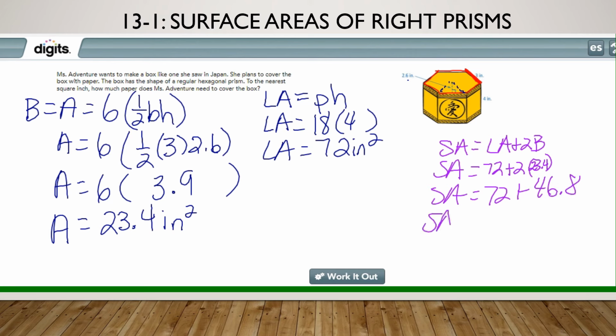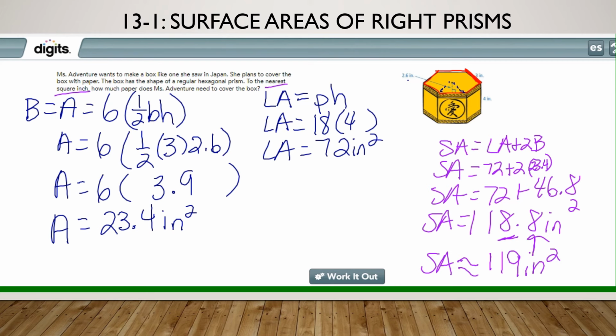And then you're going to go ahead and add 72 to that, which will be 118 and 8/10. And don't forget your units, inches squared. But remember, it said round to the nearest square inch. So that means to the ones place, round here. So you have to look at that 8: 5 or more, raise the score, 4 or less, let it rest. So this will be approximately 119 inches squared for our surface area.